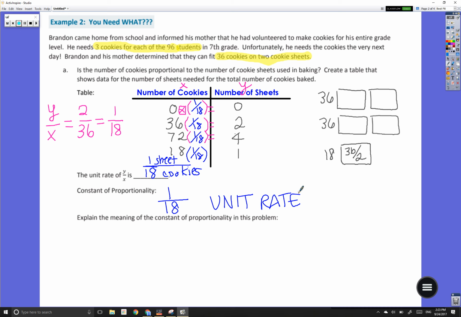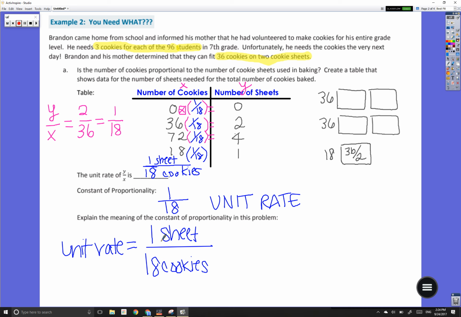Okay? Lastly, explain the meaning of the constant of proportionality. Anytime you want to know the meaning, you can just use your unit rate with the units. If you look, our unit rate said 1 sheet divided by 18 cookies. And we can actually just put in 1 extra word to make this all make sense, and that's the word per.